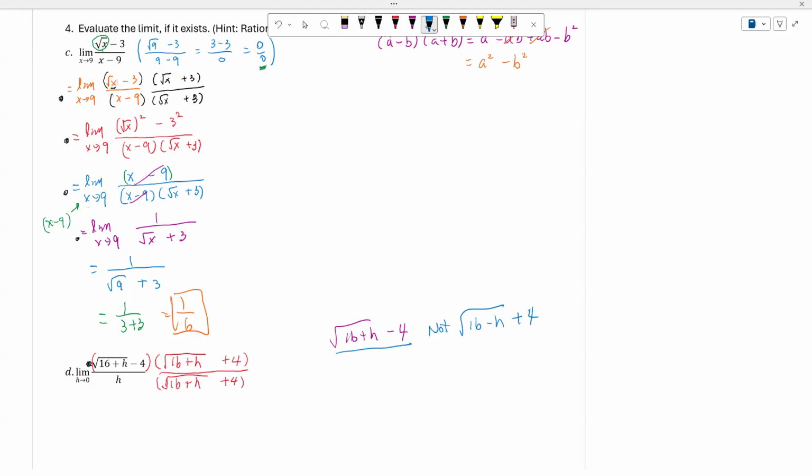Some students are confused about the conjugate pair, thinking that when you see positive, you change to negative, and when you see negative, you change to positive. It's not. You look at this one right here: you have two terms. This is my first term. This is my second term. So you need to just change this one to plus.